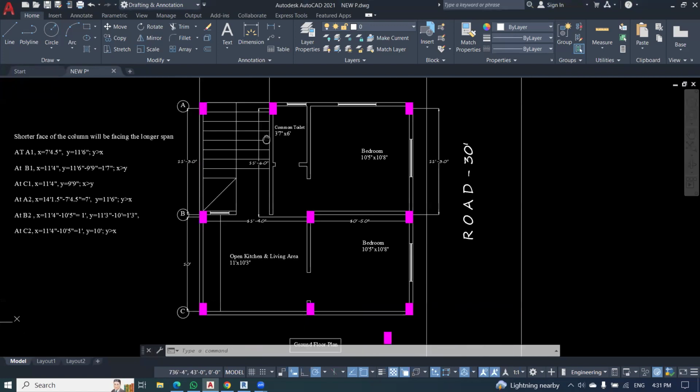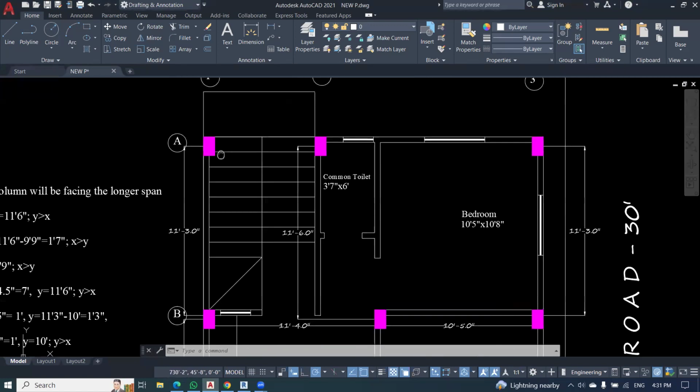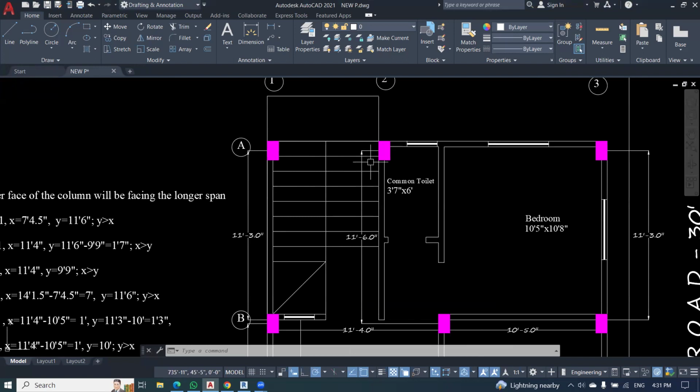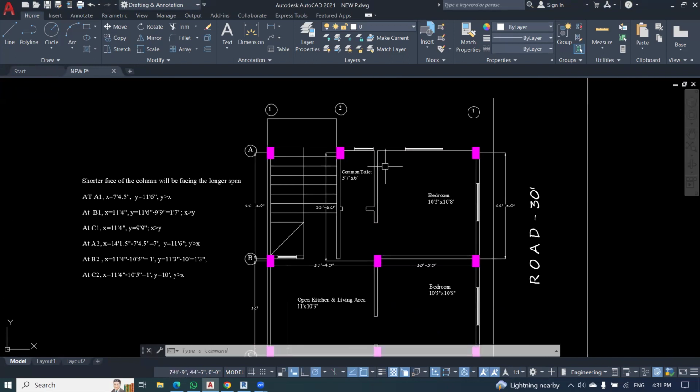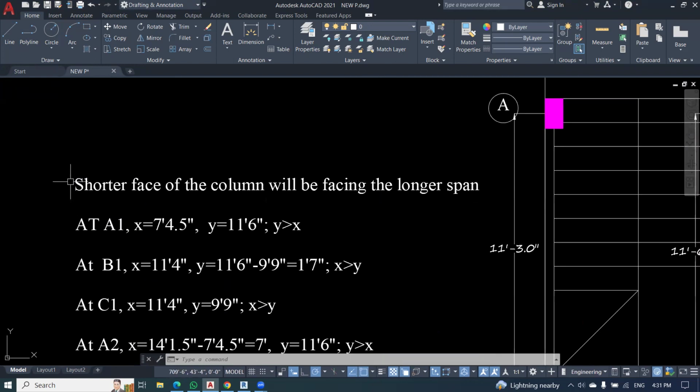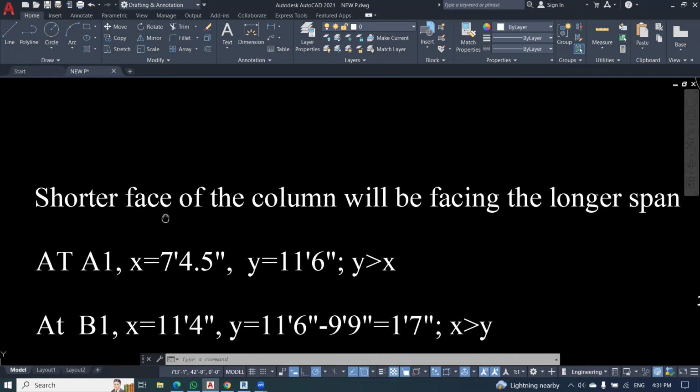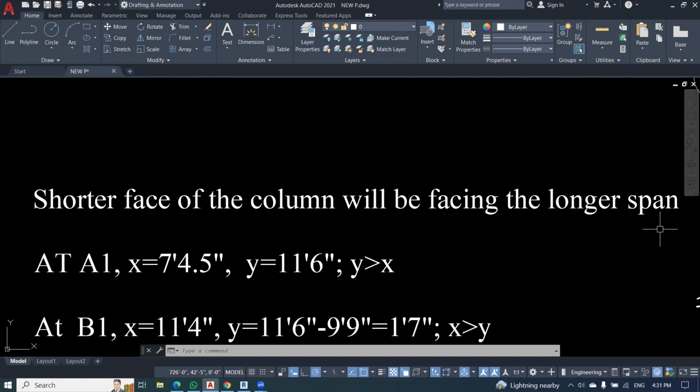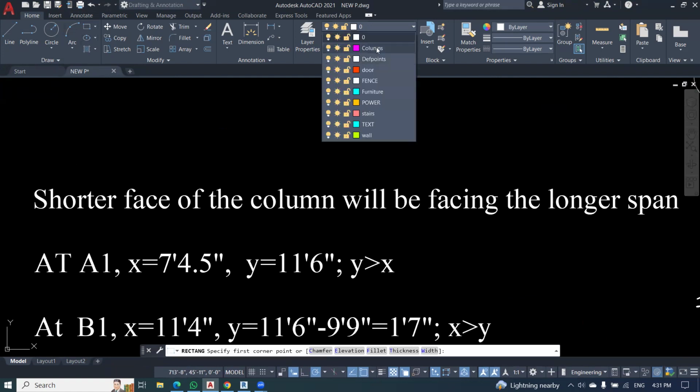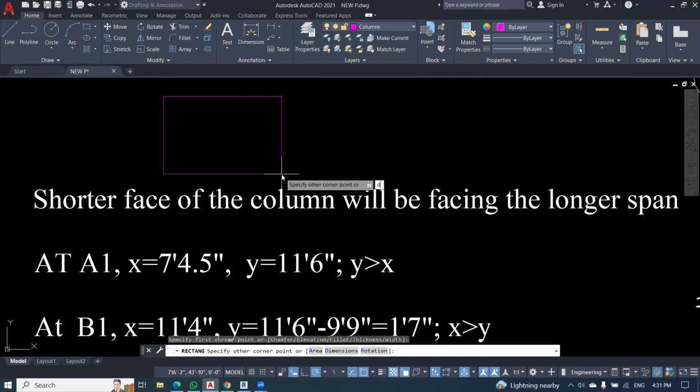So now how do we change the face, how are we going to decide the facing of this particular column? First thing: the shorter face of the column will be facing the longer span. For example, this is my column of dimensions 9 inches by 18 inches.